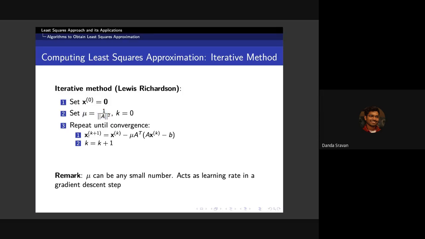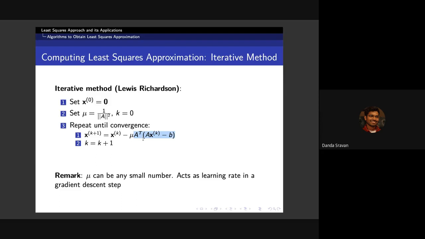So until convergence, I keep changing my vector x by subtracting. We know that my final solution x has to satisfy this particular expression equal to 0. So I subtract the component in the perpendicular.